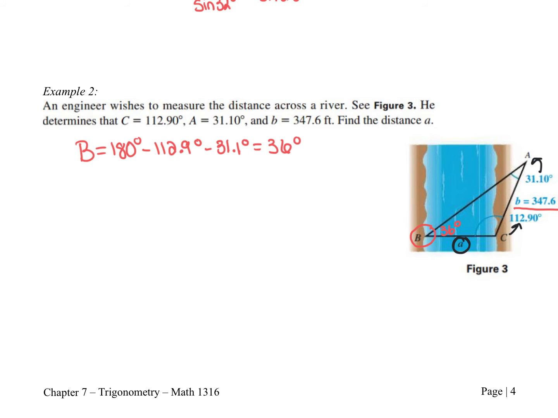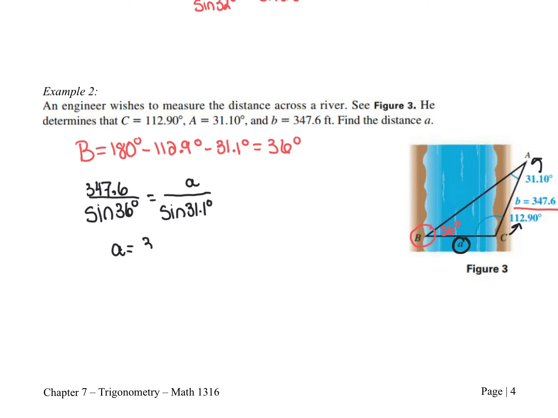So let's go ahead and do this. I'm going to have sine of 36, and that was angle B. And on top I have side B, which is 347.6, equals, I want to find little a, so little a goes up here, and I need to use capital letter or angle A, which is 31.1 degrees. Bare minimum amount of work I must be shown. I would much like the next step.